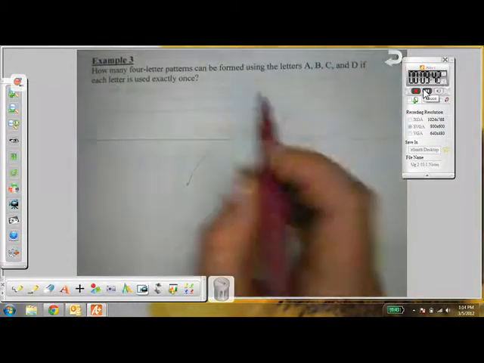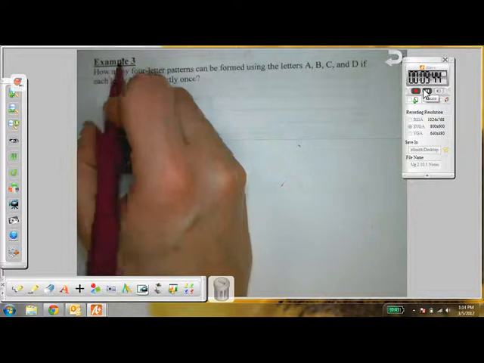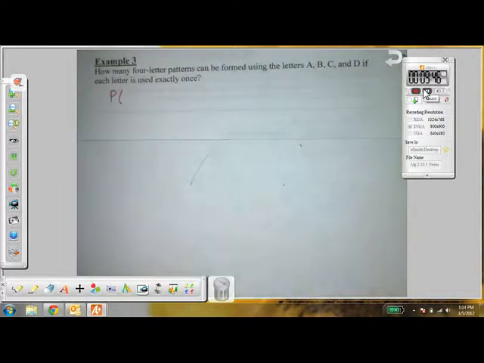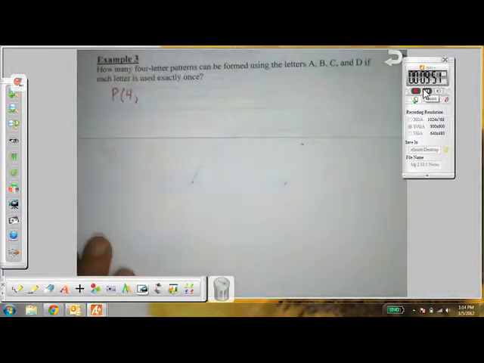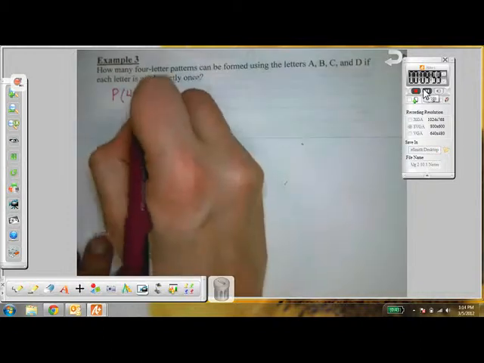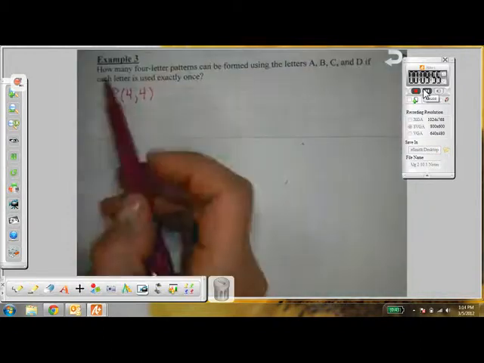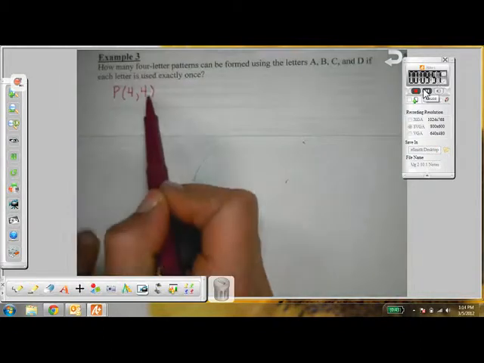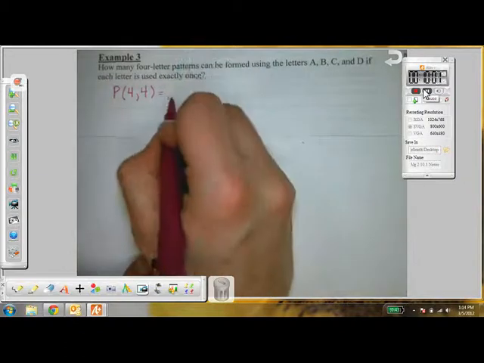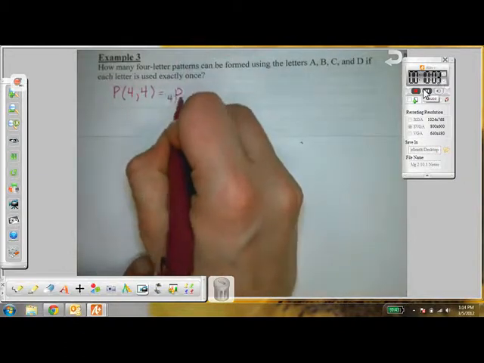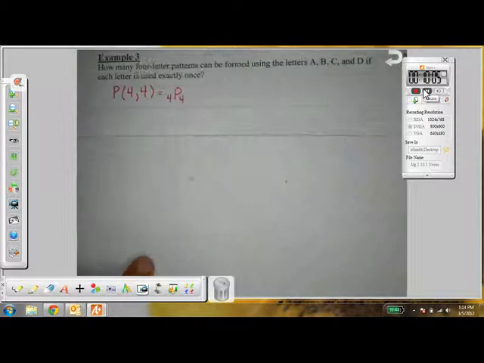So we are taking the permutation of, how many letters do we have to choose from? 4. How many are we picking at a time? 4. So that is the permutation of 4 taken 4 times, or we could also write that as 4 permutated 4 times. They are the same thing.